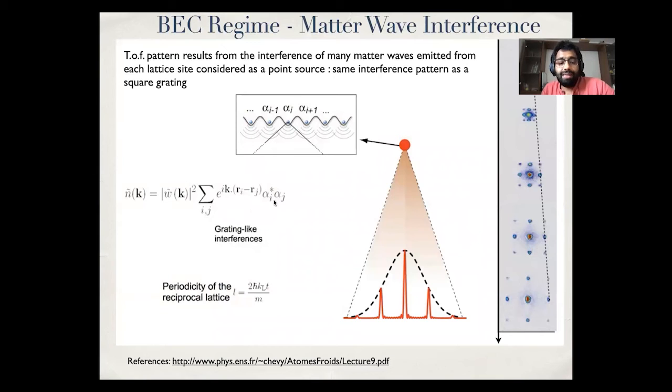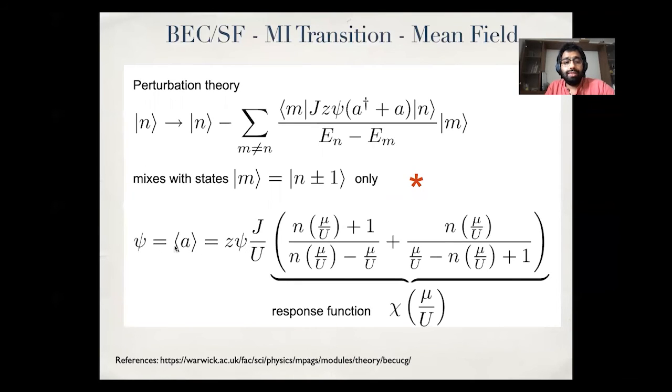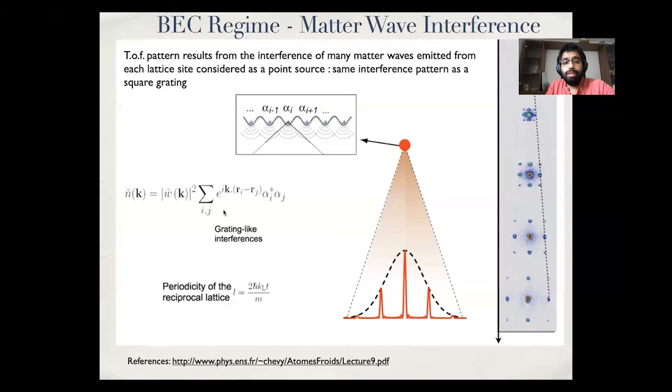And this interference pattern also arises from this idea that these individual a_i averages are actually finite, and they are given by this psi that we wrote down. So this a has to be finite in order for this interference pattern to happen.